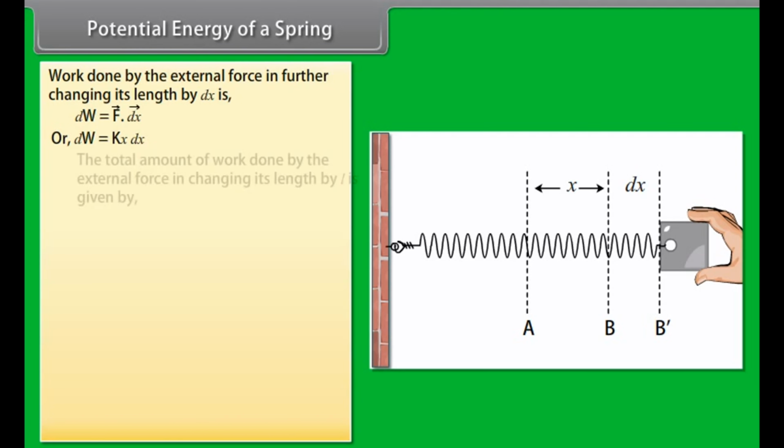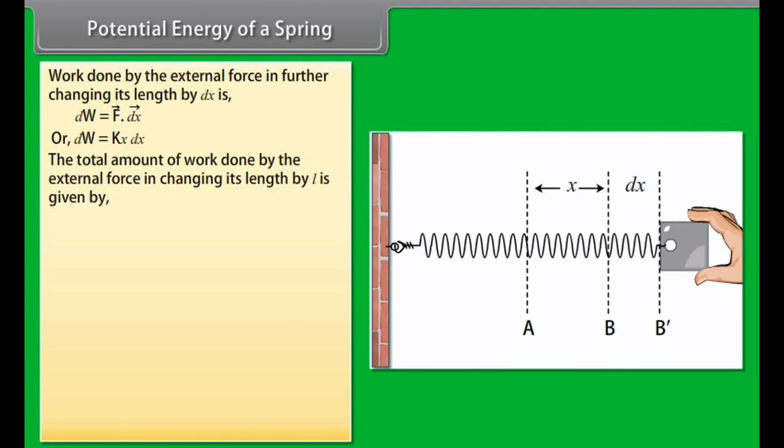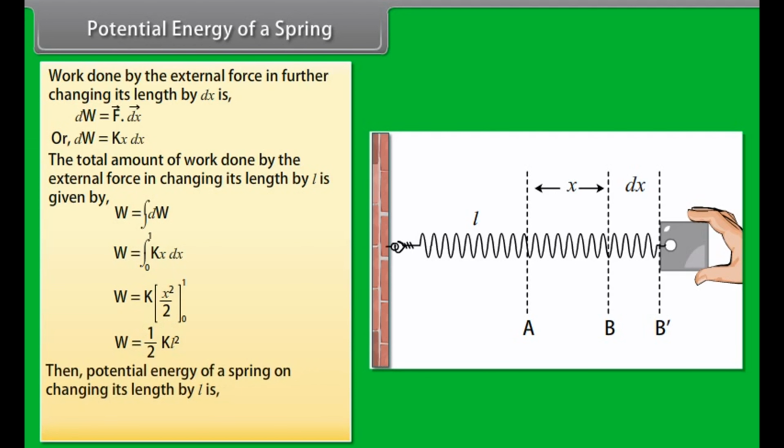Now, the total amount of work done by the external force in changing its length by L is given by W is equal to the integration of dW. By calculating it, we get W is equal to 1 upon 2 kL squared. Then, the potential energy of a spring on changing its length by L: potential energy is equal to W, so potential energy is equal to half kL squared.